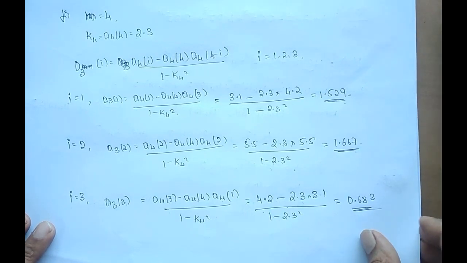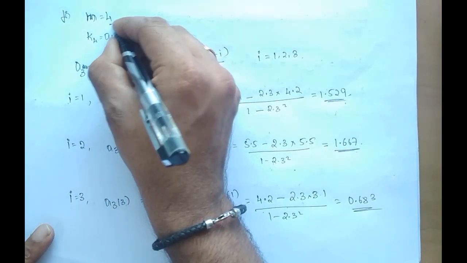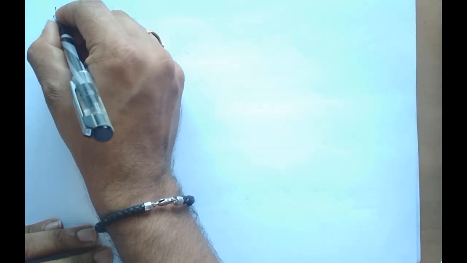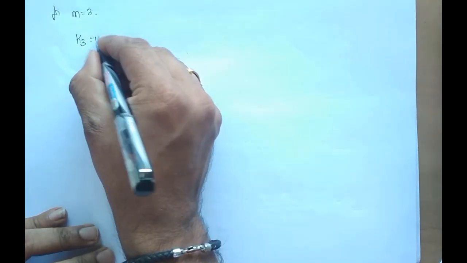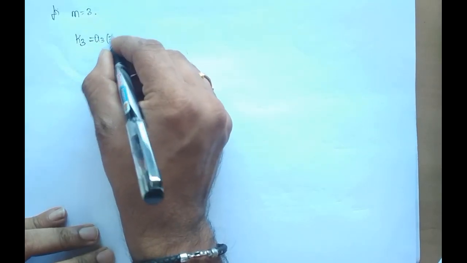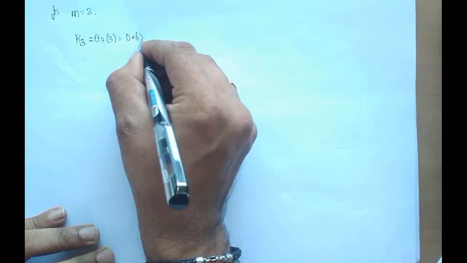Okay, so this is about m equal to 4. Now for m equal to 3, we have k3 is equal to a3 of 3, which is equal to 0.683, right?